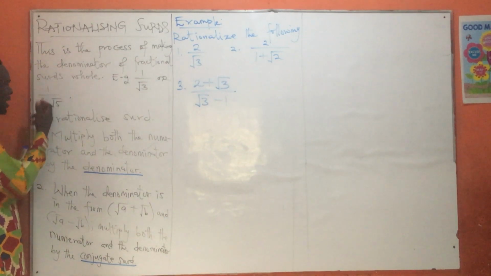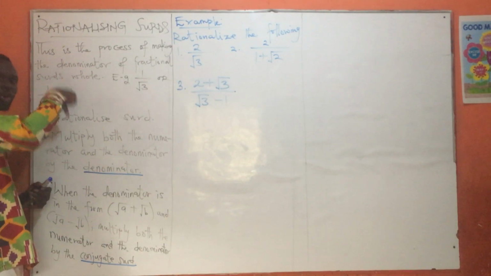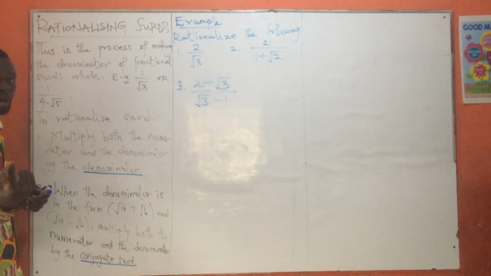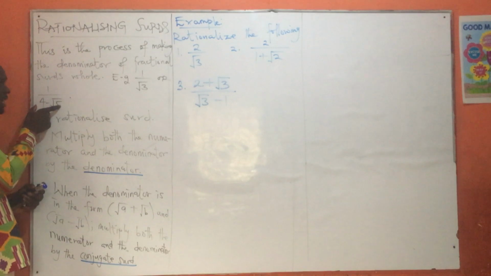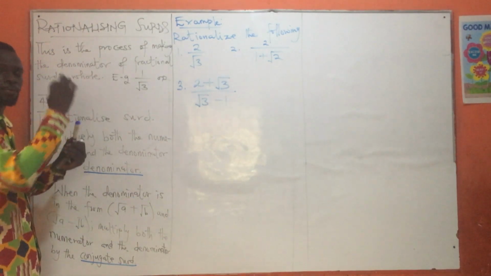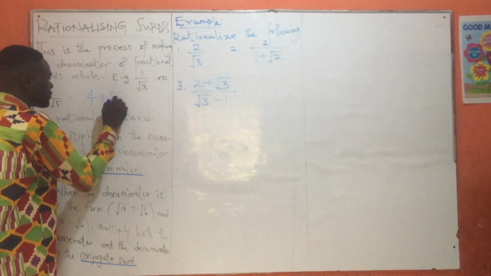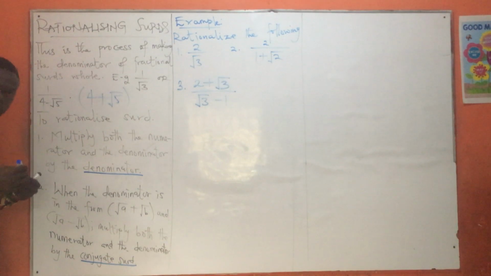So if I want to rationalize this surd, I will multiply the numerator by the conjugate surd of the denominator. And what is the conjugate surd? If you have 4 minus root 5, the conjugate of 4 minus root 5 is 4 plus root 5. That's the conjugate surd.